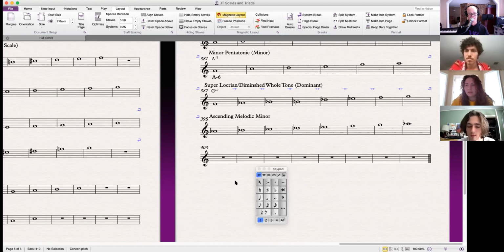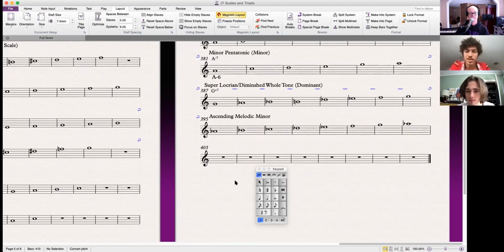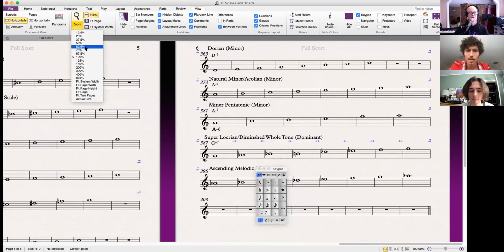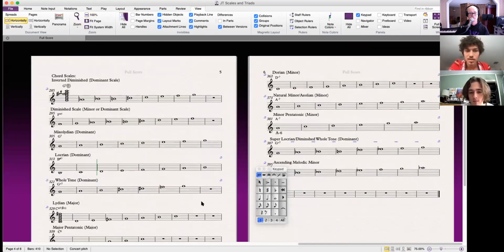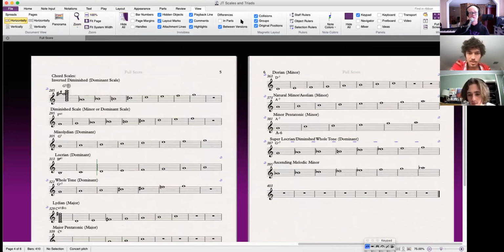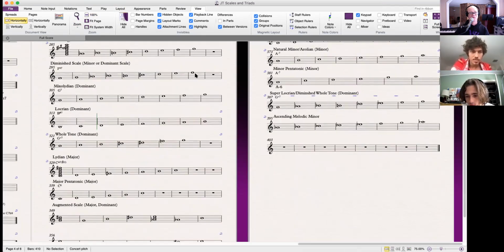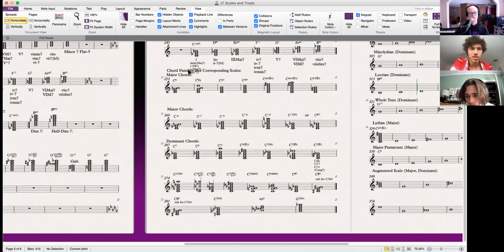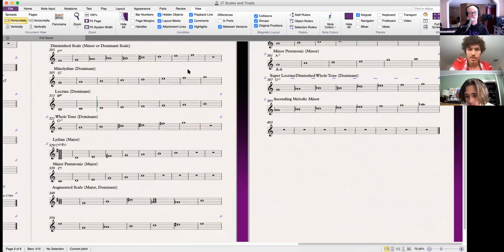Could you zoom out to see the whole page? I want to get a screenshot. Yeah. Tell me when it's far enough. So that's not quite both pages. Hang on. Do you want me to go out further?